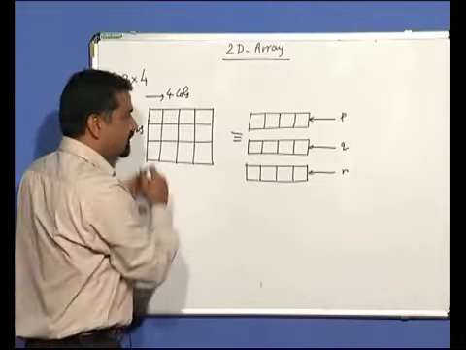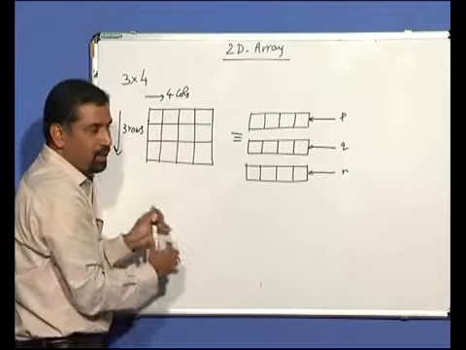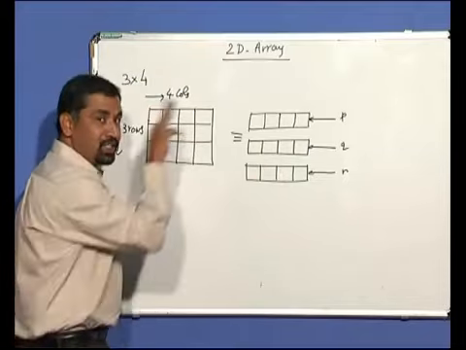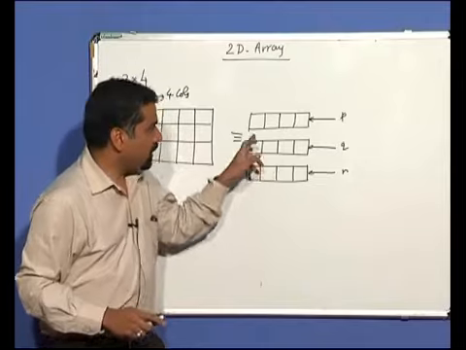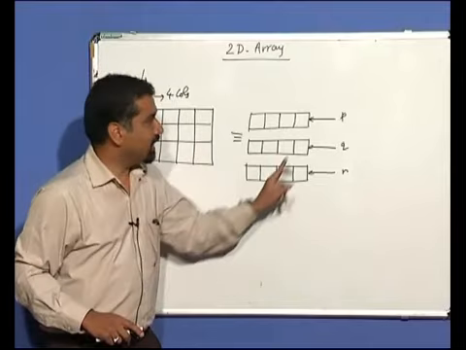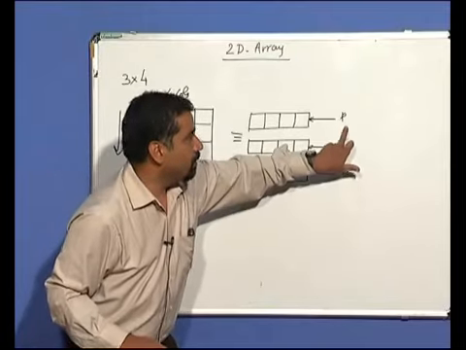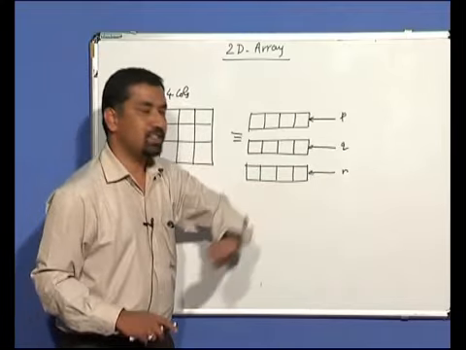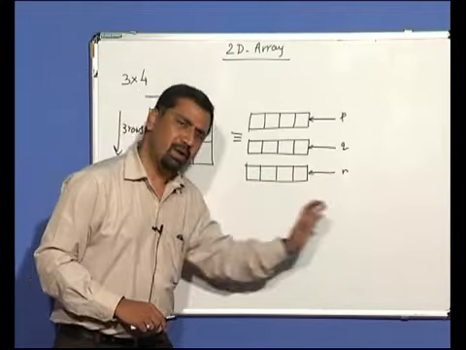We can visualize the same thing as, let's split it up. Each one of these things is a one-dimensional array of size 4. How many such are there? 3. 3 by 4. And we already know that each one of these one-dimensional arrays can be pointed to by a pointer. That is, P is a pointer here, Q is a pointer, R is also a pointer of the appropriate type.